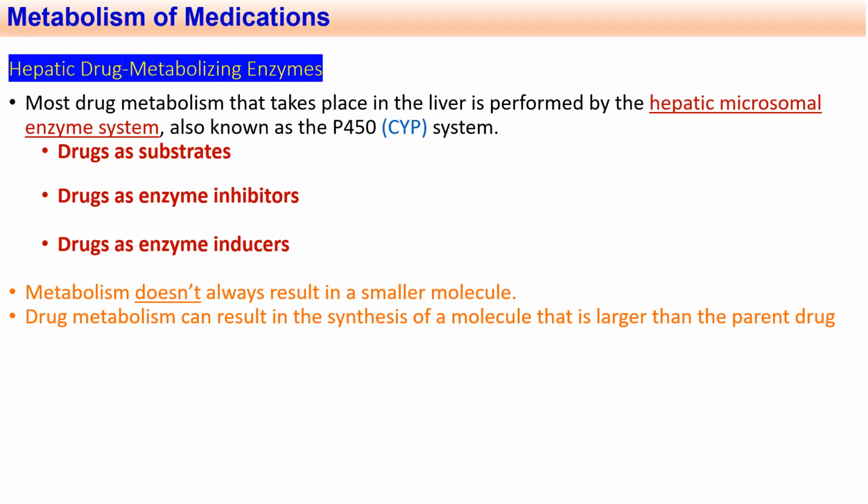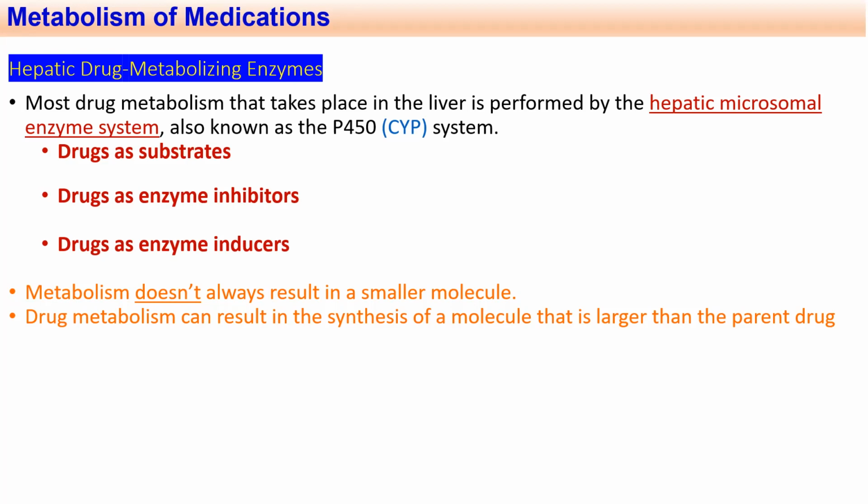So that's an example of giving ciprofloxacin or Cipro with naproxen, because naproxen is a substrate of Cipro, and Cipro inhibits the naproxen, so that will result in less inactivation of naproxen, which eventually is going to elevate the naproxen blood level and will result in prolonged drug effect.